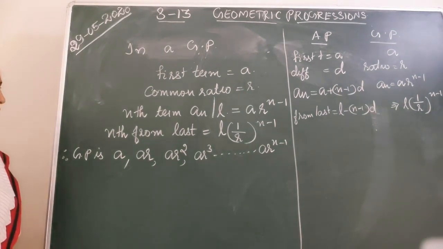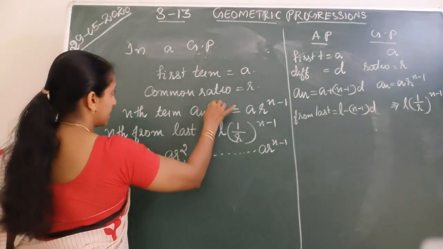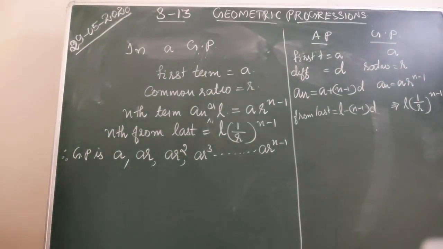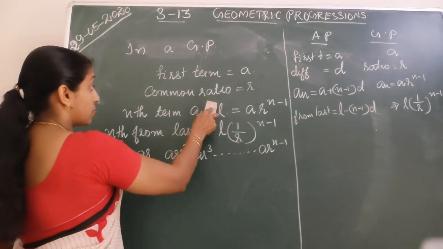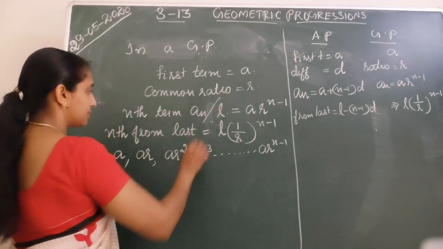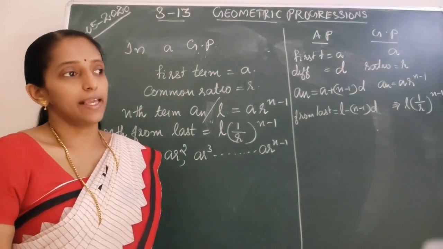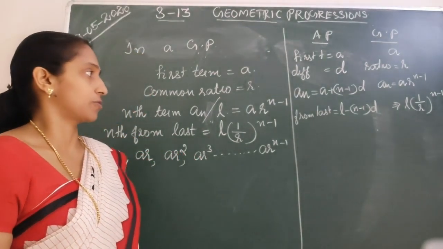First term is A, common ratio is R, nth term AN or L. Another notation for the last term: AN or L is A into R to the power n minus 1. And the nth term from the last will be calculated as L into 1 by R to the power n minus 1. Alright? Okay, clear?